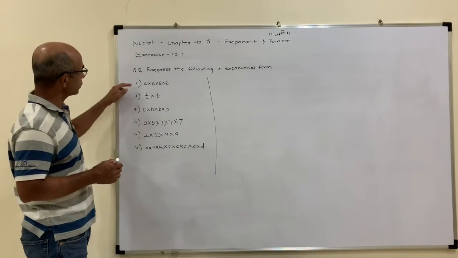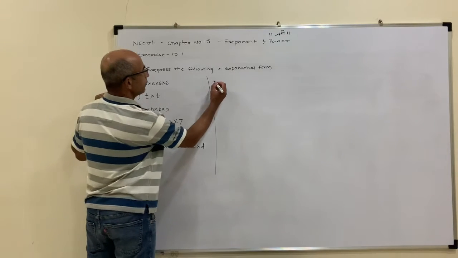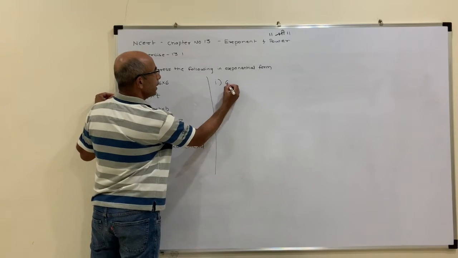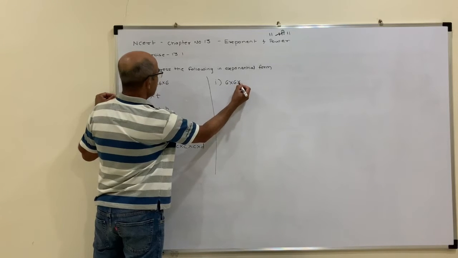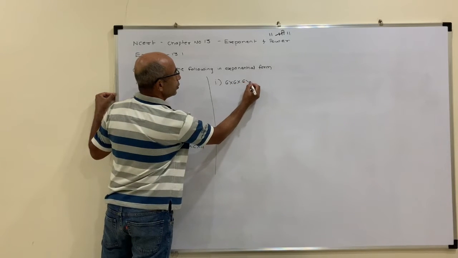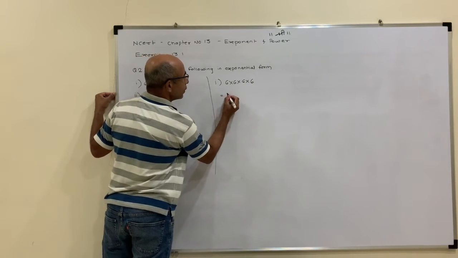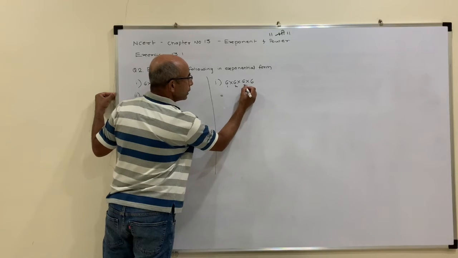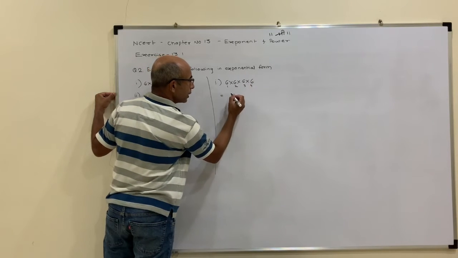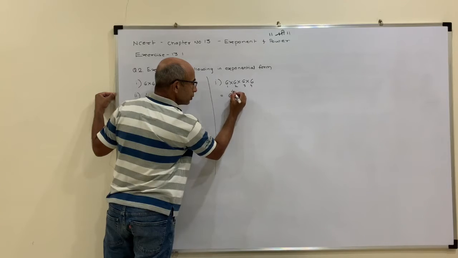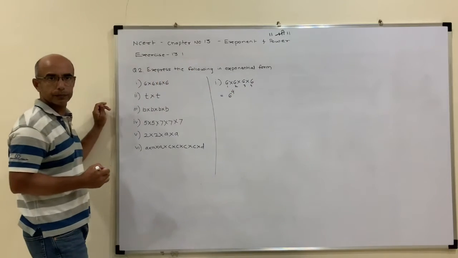Now first, let's solve the first one. It is 6 into 6 into 6 into 6. That's 1, 2, 3 and 4. So it comes out to be 6 raised to the power 4.